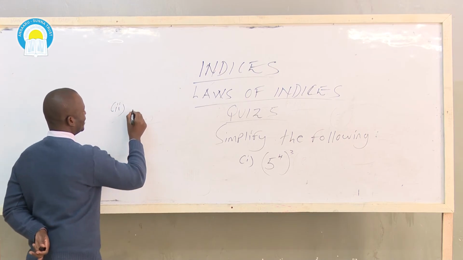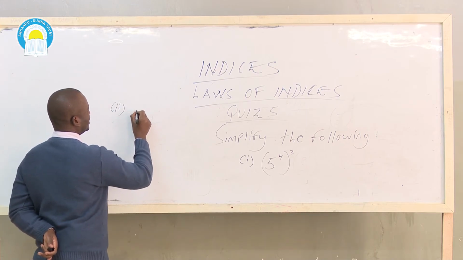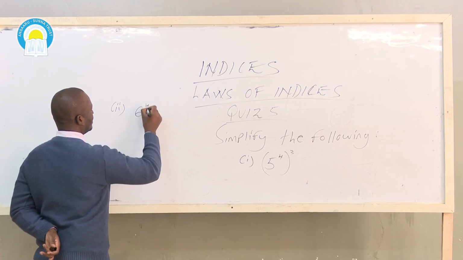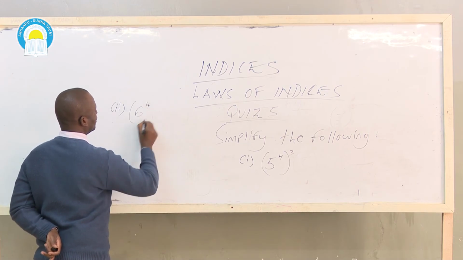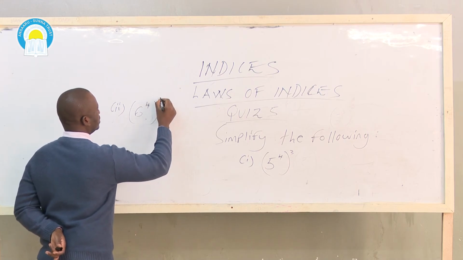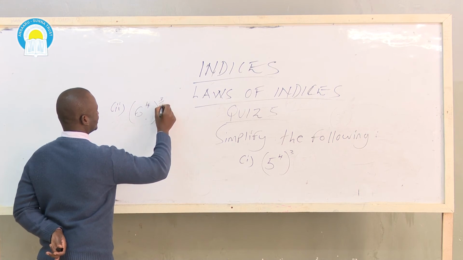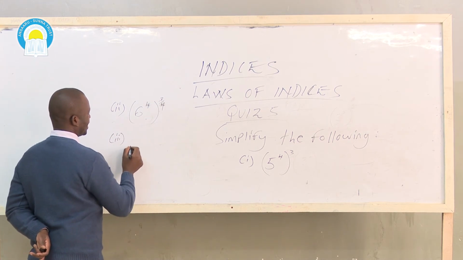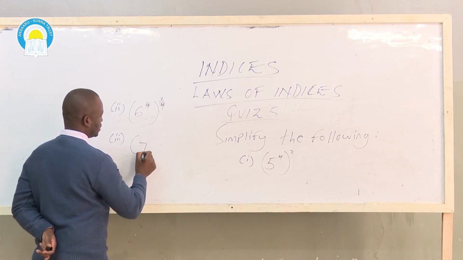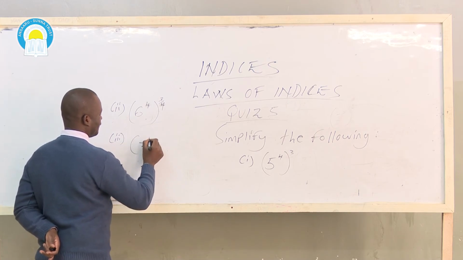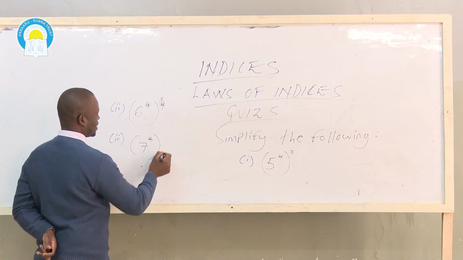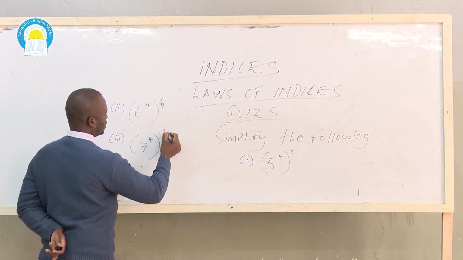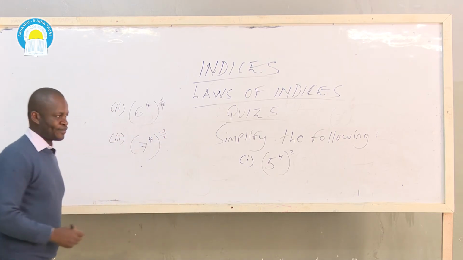We have 6 power 4 raised to power 3, let me have it as 3 over 4. Lastly, I'll have 7 power 4 raised to power negative 3 over 2.